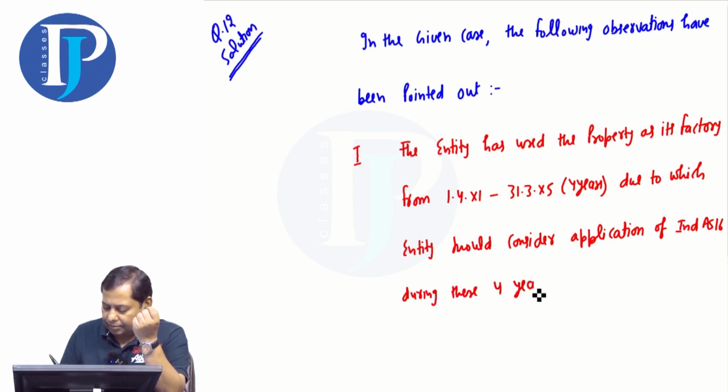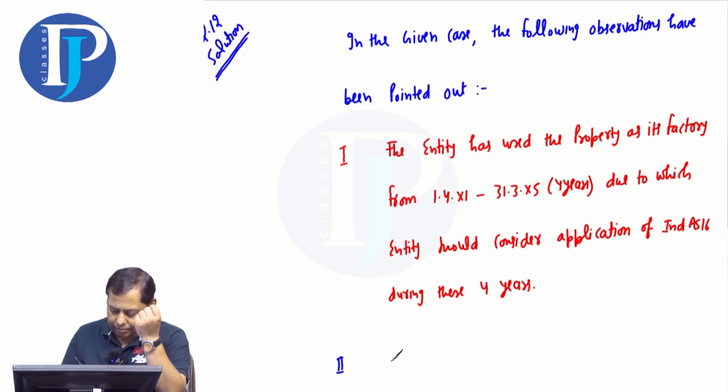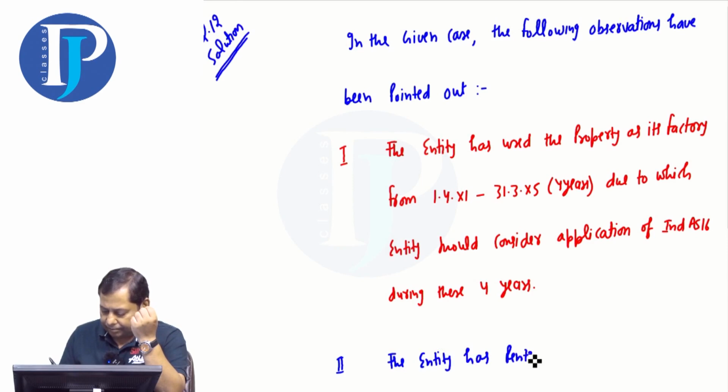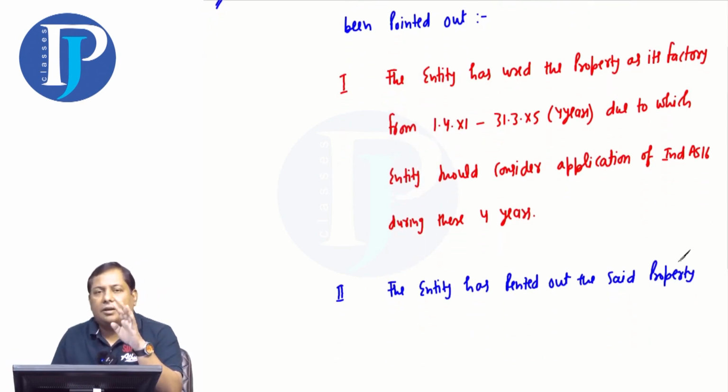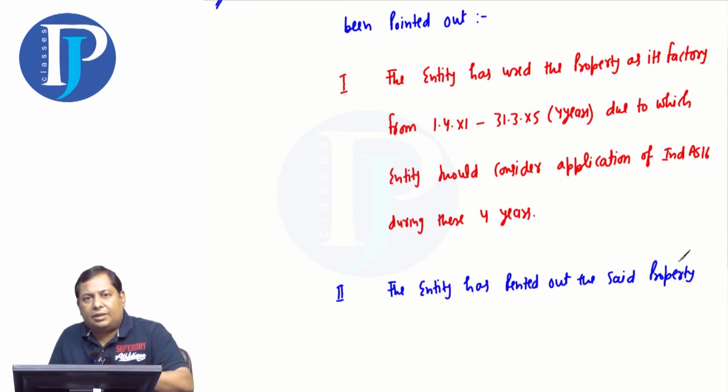During these 4 years, the entity has rented out the said property. I have only written this much. The factory was used for the first 4 years, apply 16, and now we have rented it out.